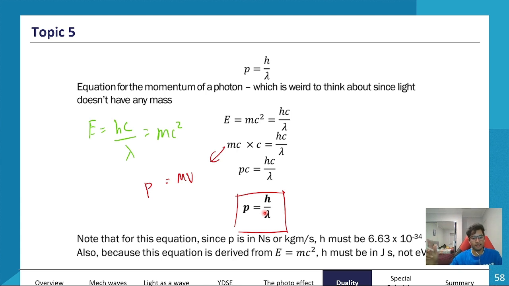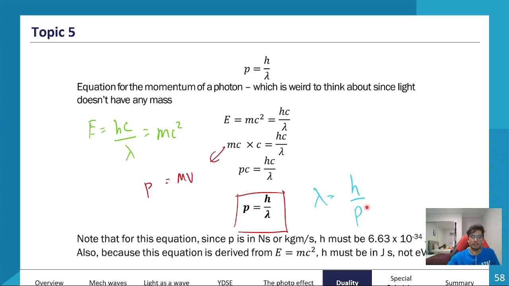But here's where things get even crazier. We know momentum is equal to h, which is Planck's constant, divided by wavelength. I can switch the momentum and the wavelength, so now wavelength is equal to h divided by p. This is where things start to get interesting.